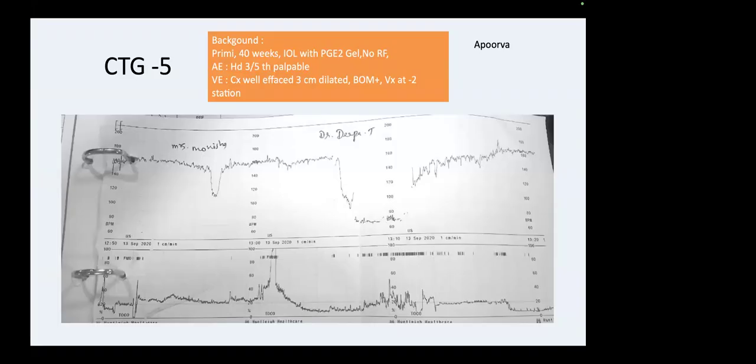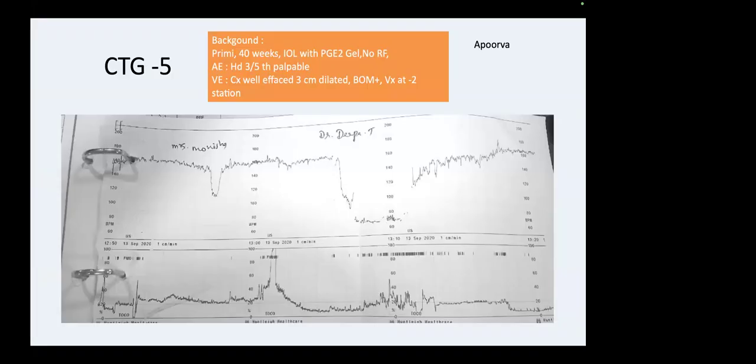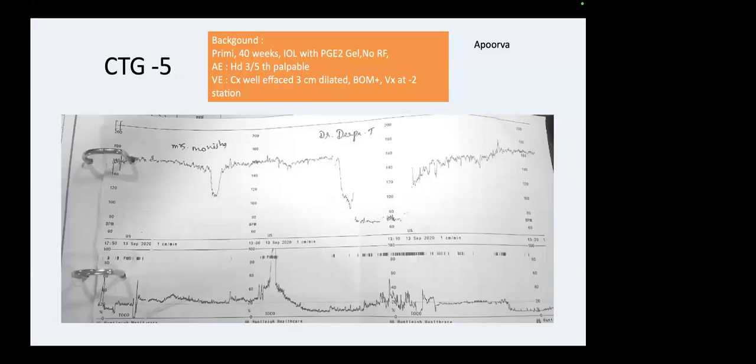Ma'am, if we classify the CTG, define risk, she is having no risk factor. How can you say it's no risk factors? Induction of labor. Any induced patient has risk factors. Oh, yes, ma'am. So she's an induced patient. Then contractions: in the whole CTG of 30 minutes, there is one contraction.